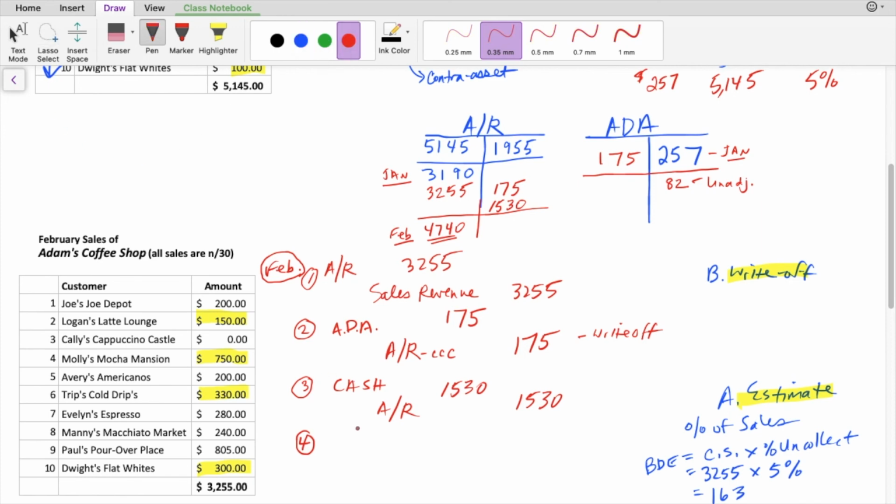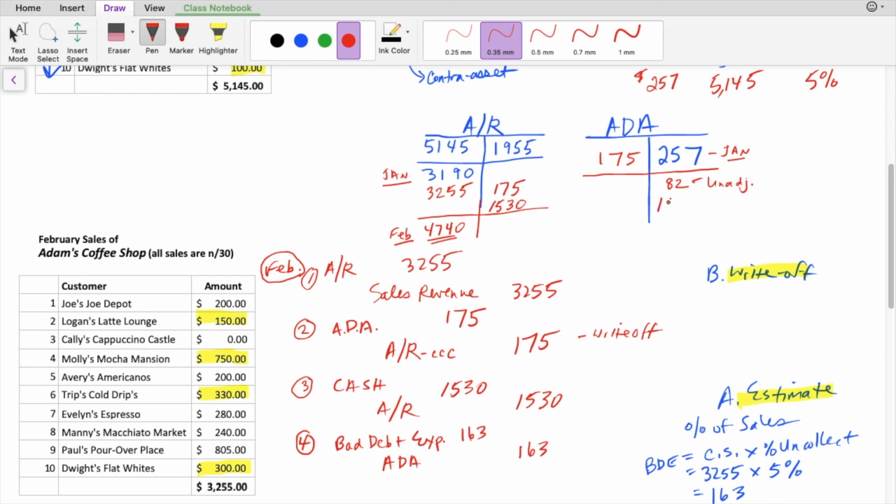So I go down in my journal, and at the end of February, I'm going to record bad debt expense, $163, and allowance for doubtful accounts, $163.